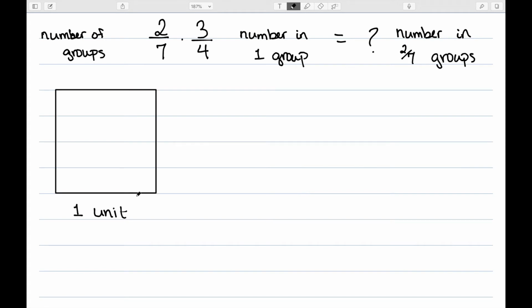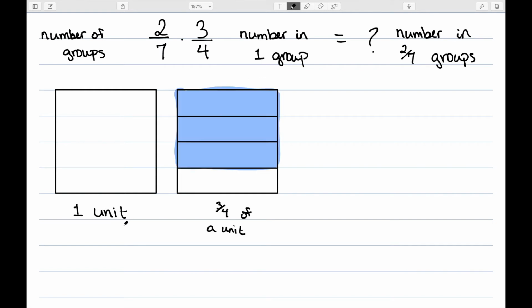Let's consider this rectangle, which we'll let stand for 1 unit. Since we want to take 2/7 of 3/4, let's show 3/4 of a unit. So I've taken my unit and broken it up into fourths. We broke it up into 4 pieces and shaded 3 of them.